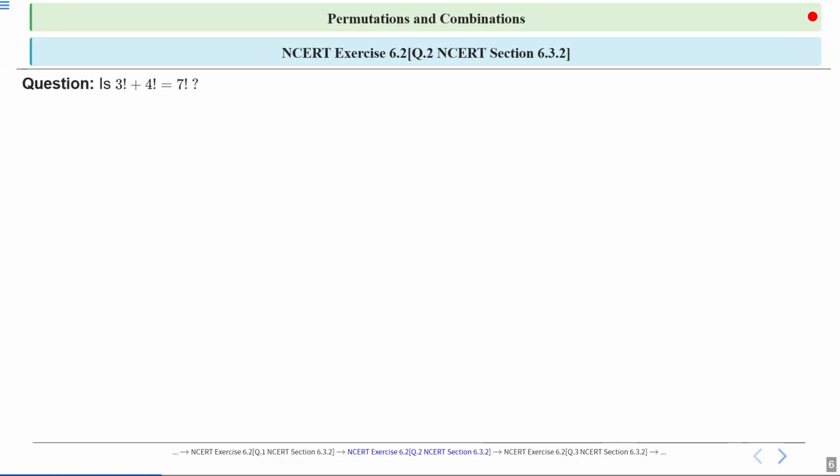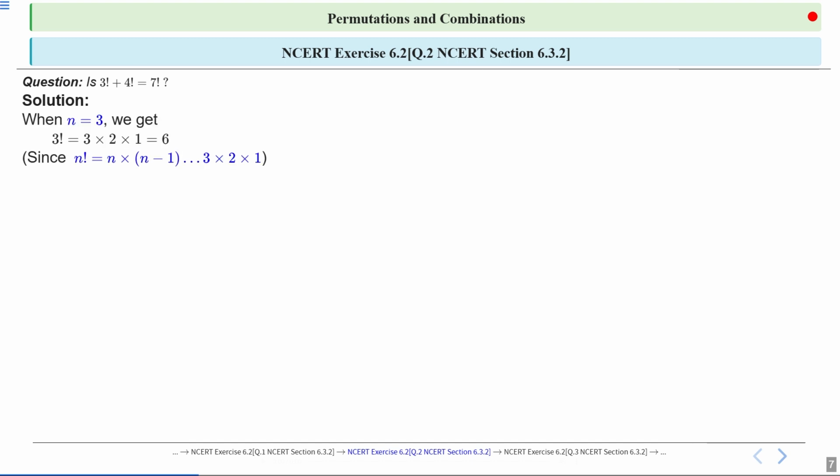This question asks whether 3 factorial plus 4 factorial is equal to 7 factorial. So we have to verify, or we have to check, is 3 factorial plus 4 factorial equal to 7 factorial. So let's solve this question step by step.